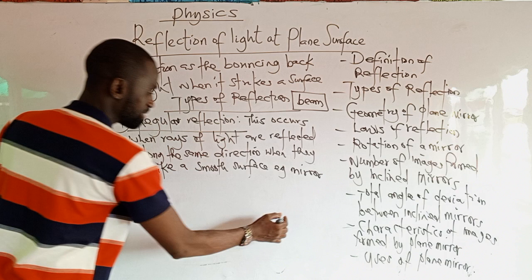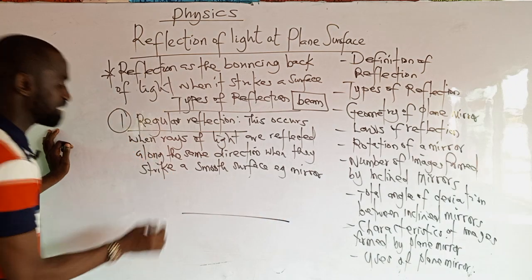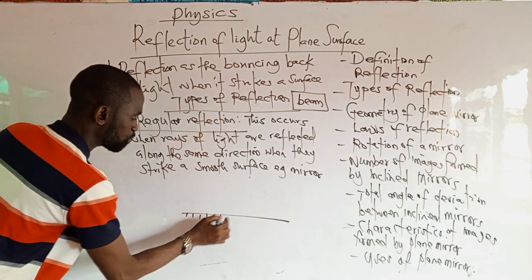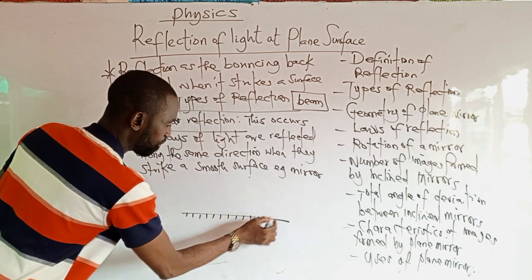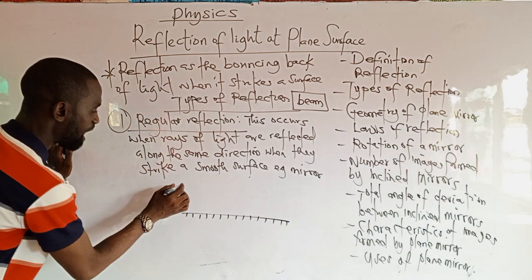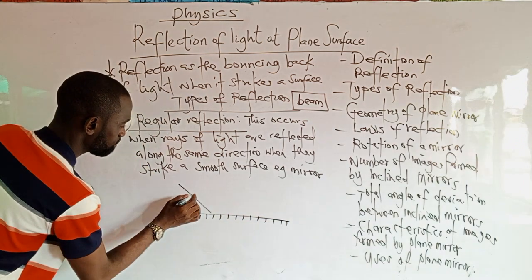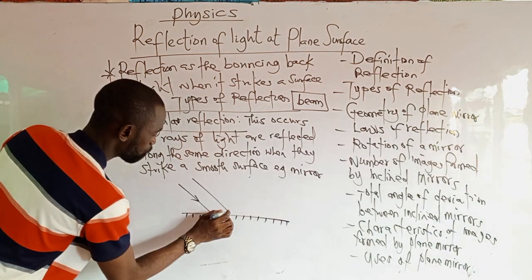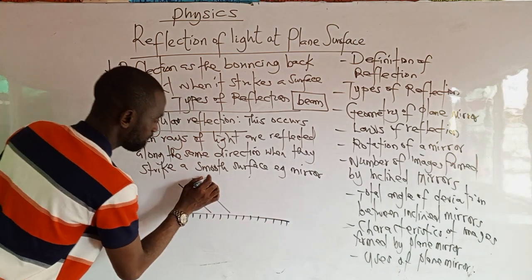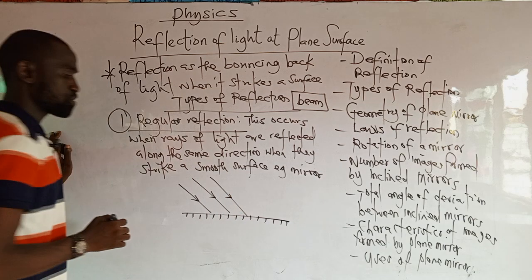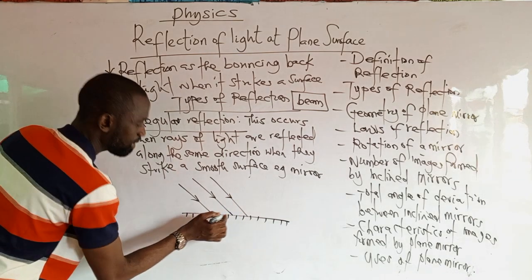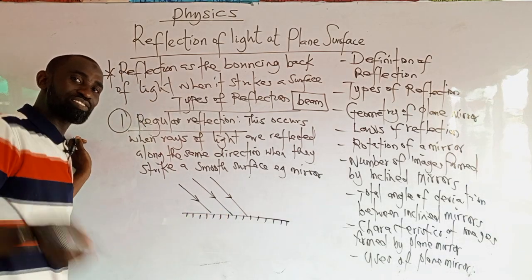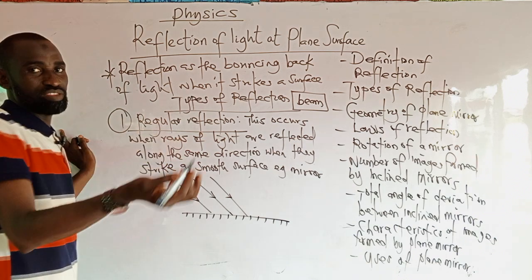So we have something like this. Suppose we have a ray of light. This is a smooth surface. We now have the rays like this, this one coming in, this one coming in, this one coming in. Once rays of light strike the surface, they must be reflected.